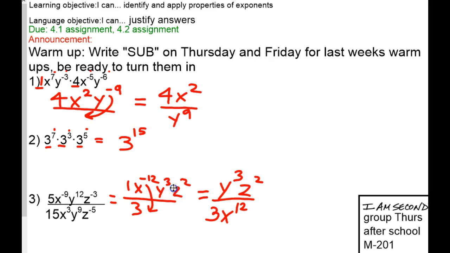So, we're going to do 4.3 notes. It's going to be short and sweet. And then you'll have some time, not to waste, but to finish 4.1 and 4.2, or do some extended practice.